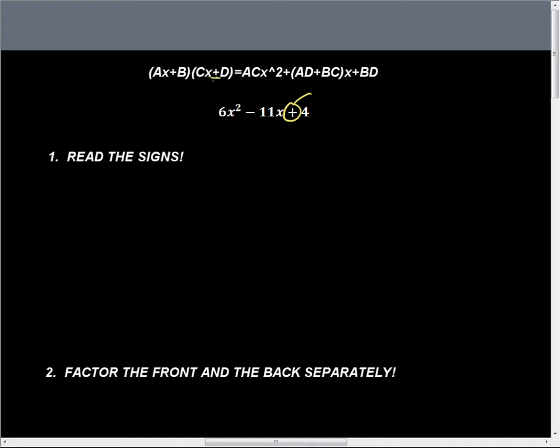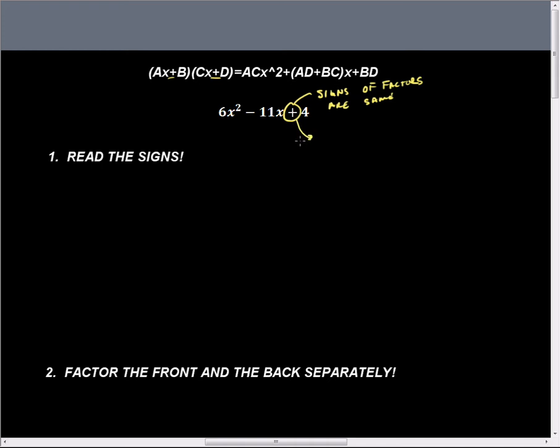If the signs of the factors are the same, when you multiply them, you're going to get a positive answer. When they're different, you're going to get a negative answer. So having a positive back here says that the signs of our factors are the same.